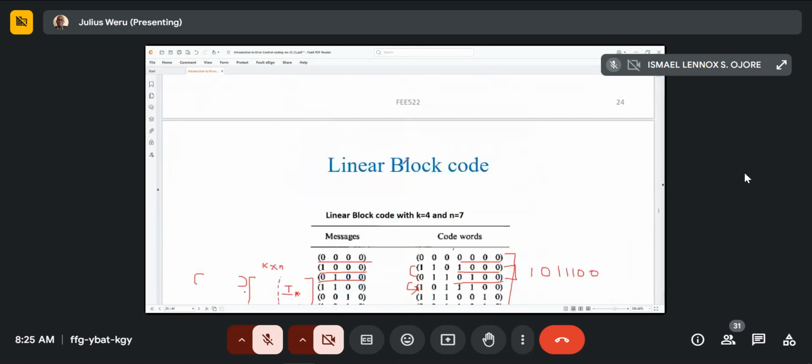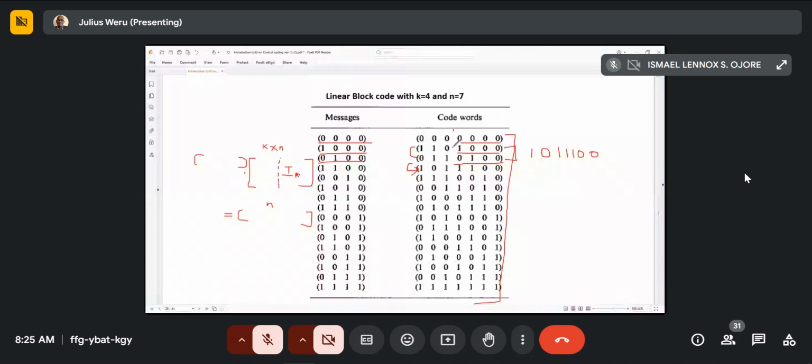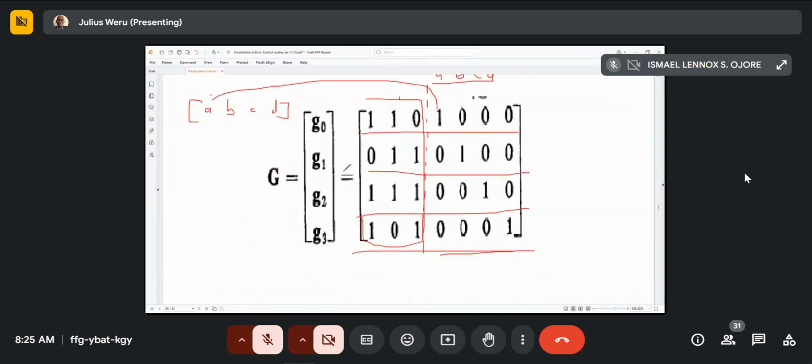But the code they produce is linear, in that you can add any two code words to get another one. But the rows of the generator matrix must be linearly independent. So if you add any two of these rows, you're not going to get another row, and you can try it.